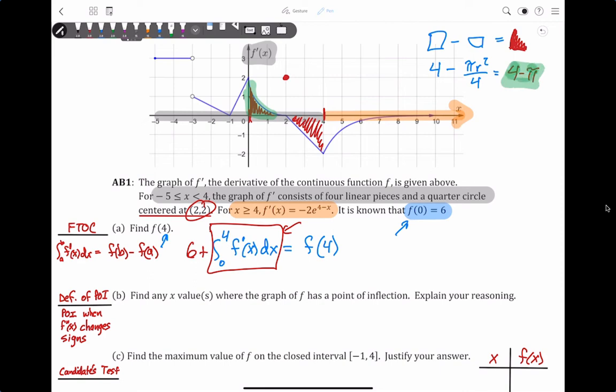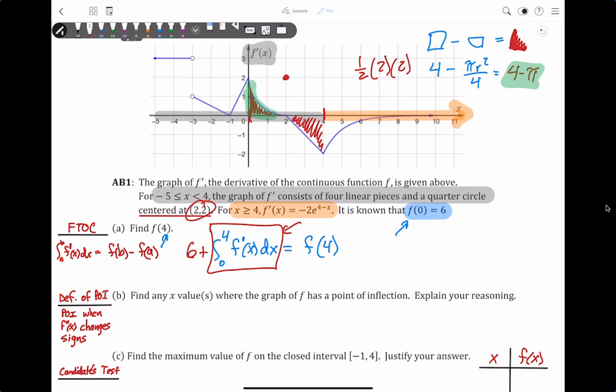Now we're going to go from 2 to 4, where we have a triangle below the x-axis, so it's going to be a negative value, but it's 1/2 times the base of 2 times the height of 2. So this is going to be 2, but -2 because it's below the x-axis and we're integrating left to right. So it's exactly what you see. Be careful with the negative mistakes.